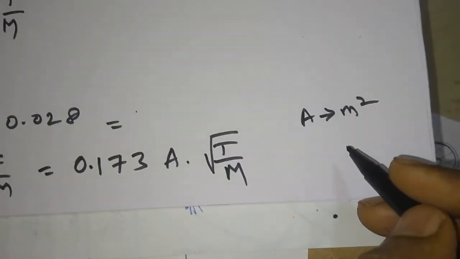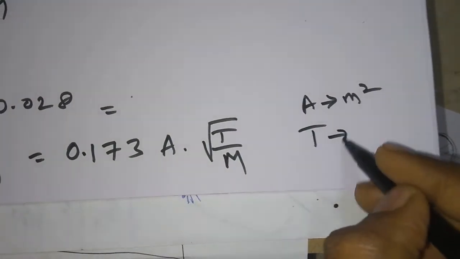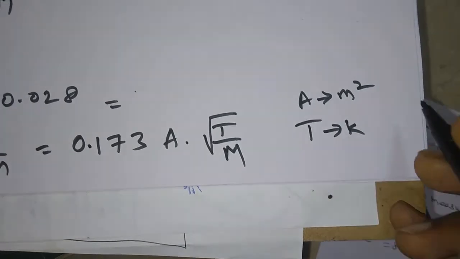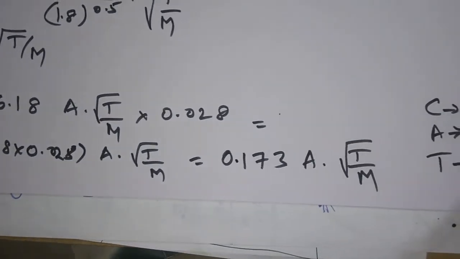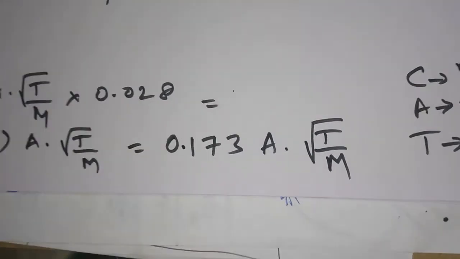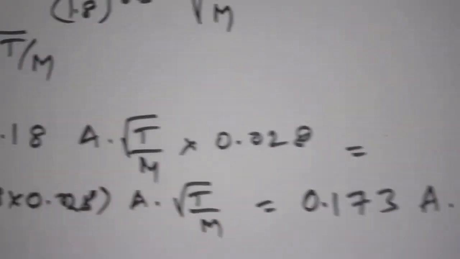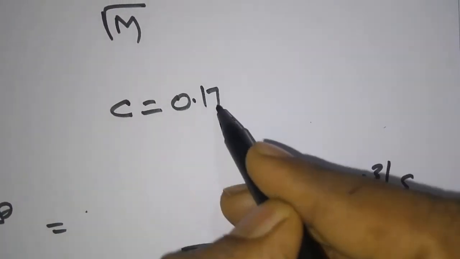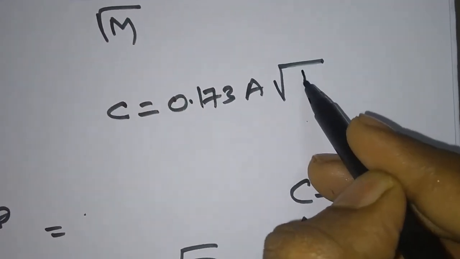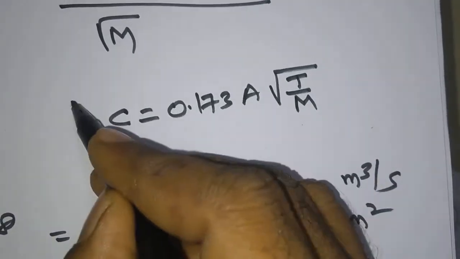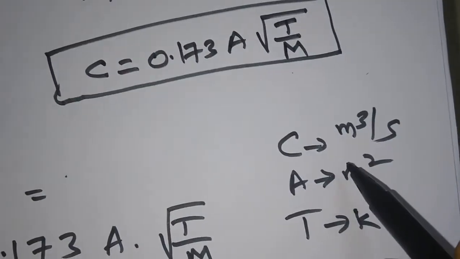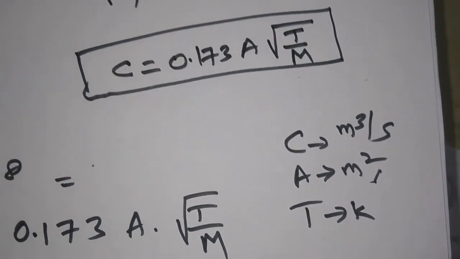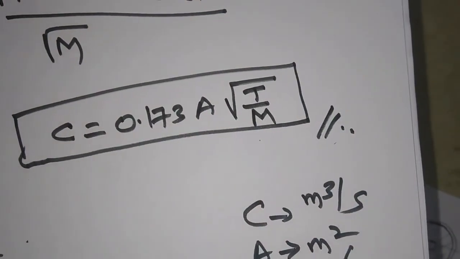So a is in meter square, t is in Kelvin, and your C is in meter cube per second. So the answer is C is equal to 0.173 a into square root of t by m is the equation where C is meter cube per second, a is meter square, and t is in Kelvin. So this is the required answer.